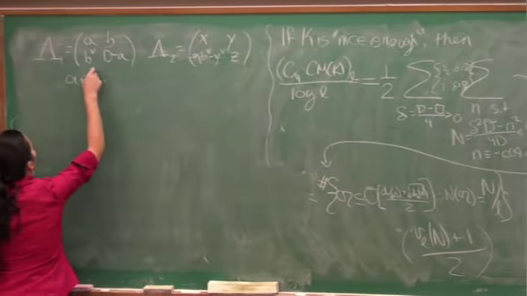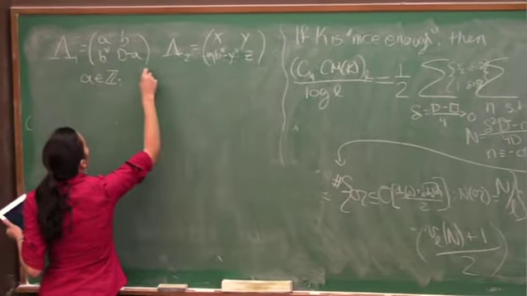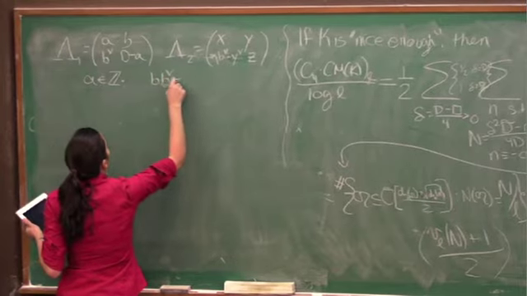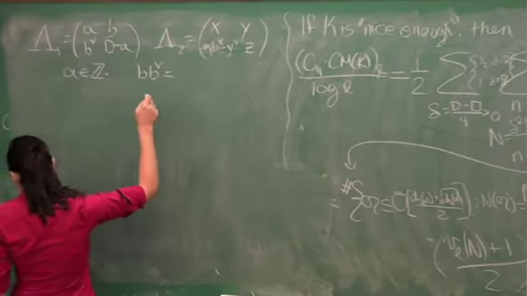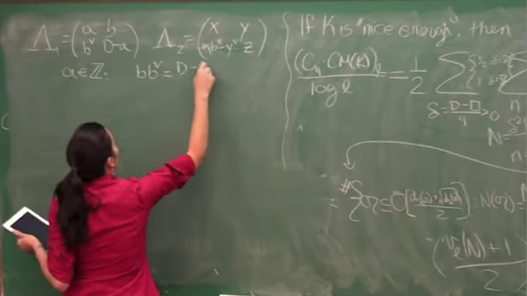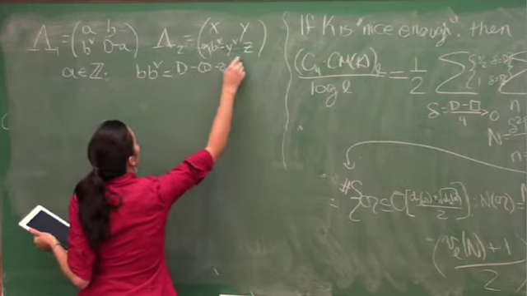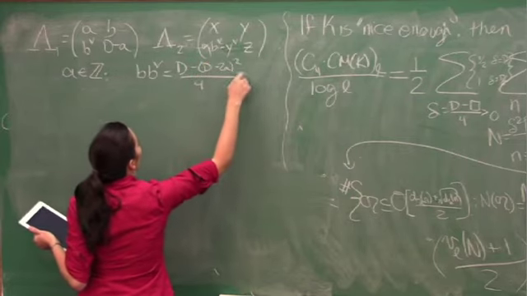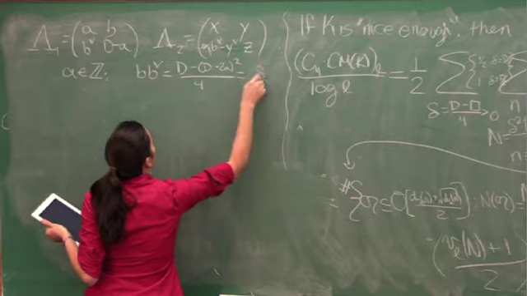Where a is an integer, the degree of b is of the form (d minus 2a squared) over 4, which we'll call delta.